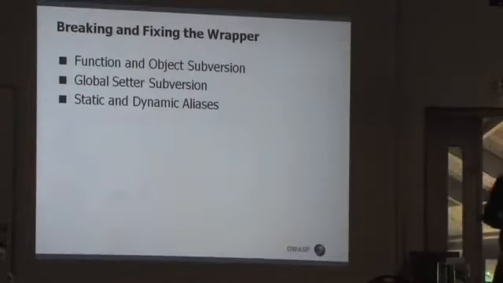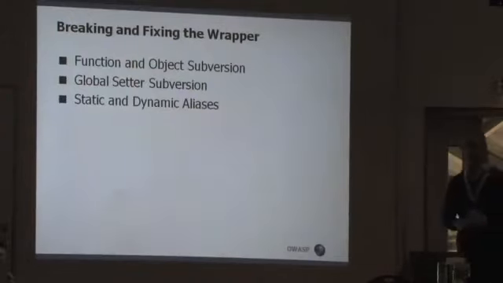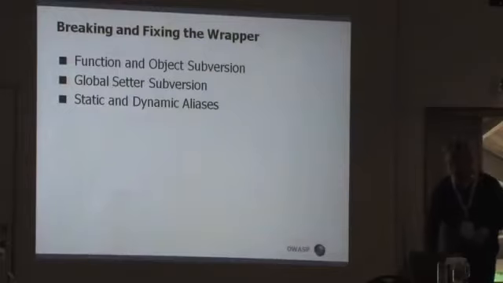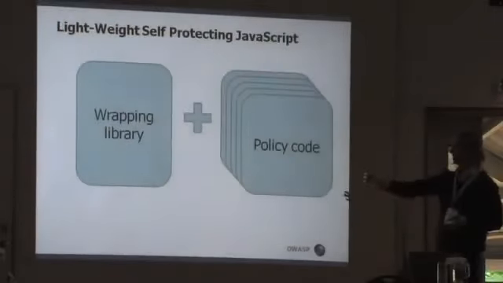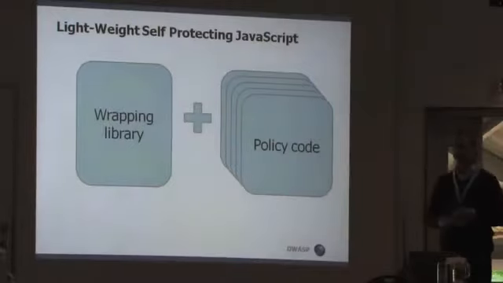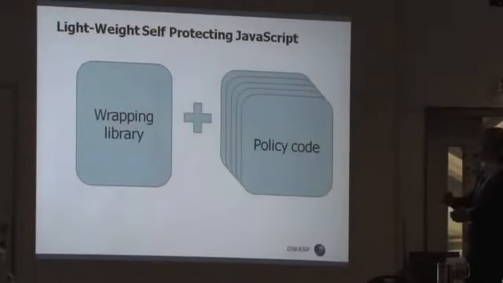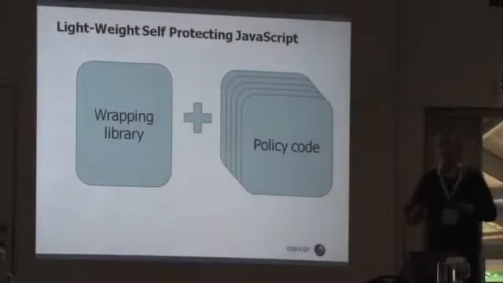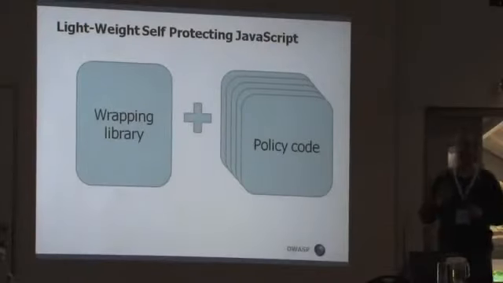When I started looking at this wrapping library and these policies, I found some attacks, both on the wrapping library itself, how it performed the wrapping, and some problems that affect the policy code.